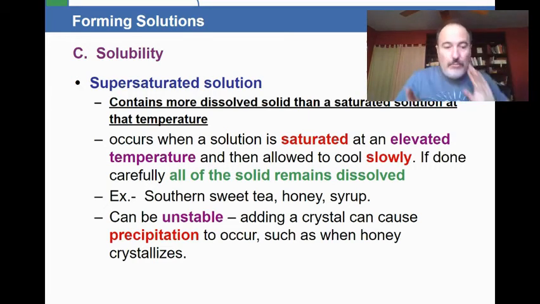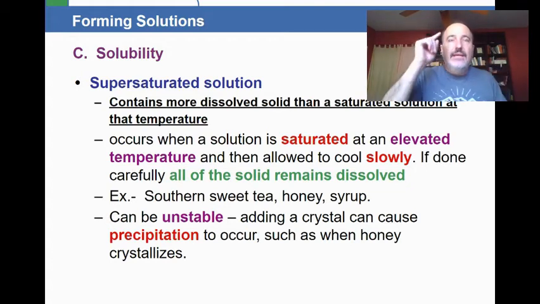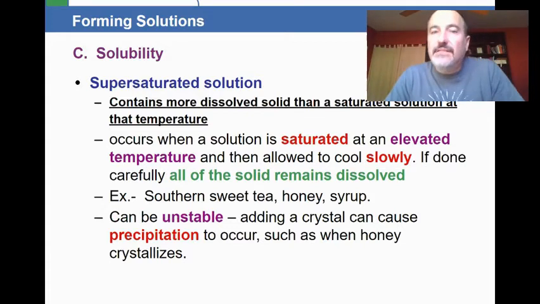Now, hopefully, as you know, hot beverages can dissolve more than cold beverages. That's the big thing. Increasing temperature increases solubility. So the hotter the temperature, the more sugar you can dissolve.